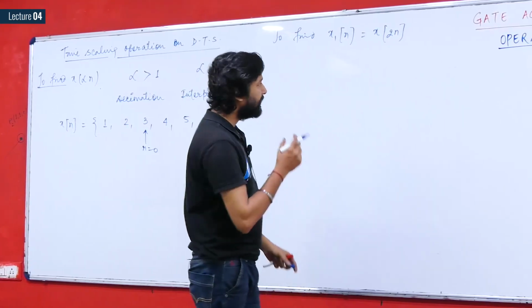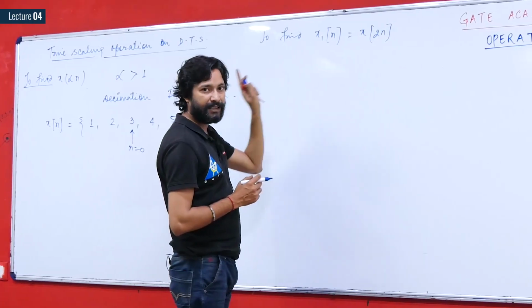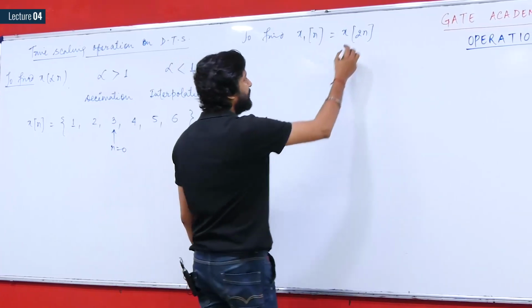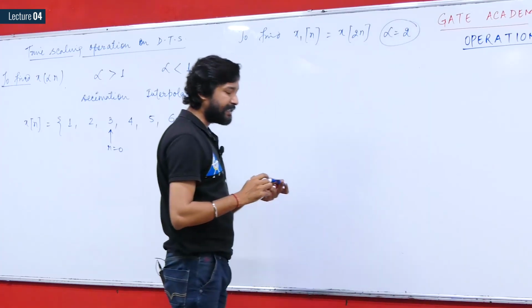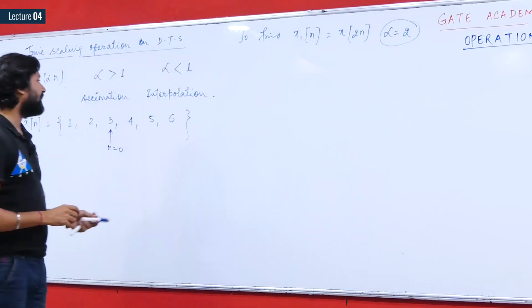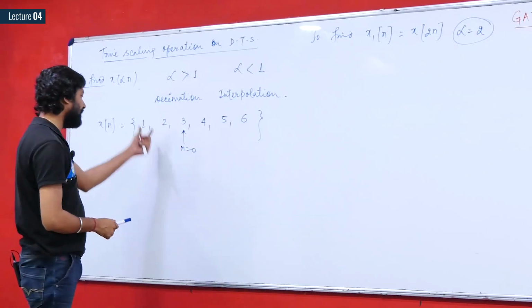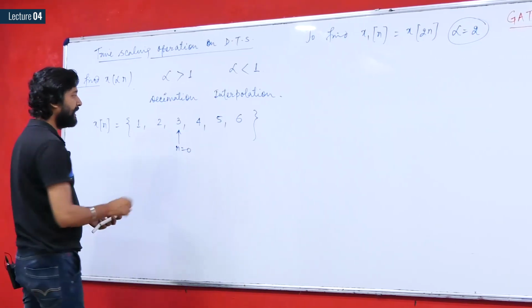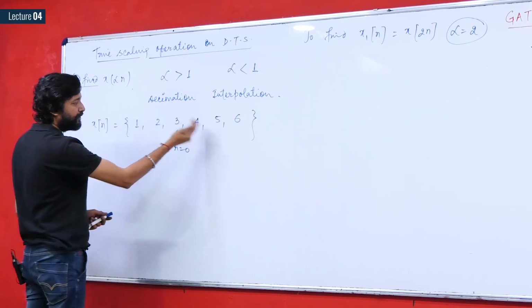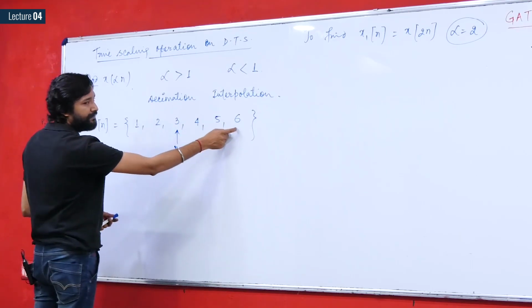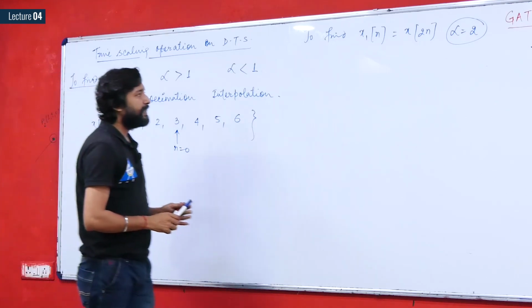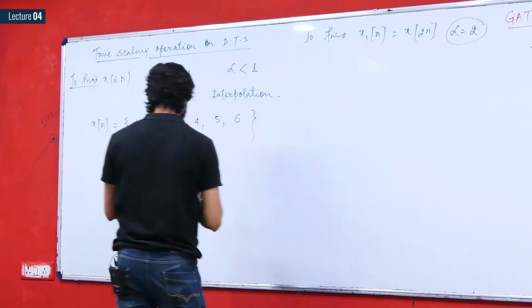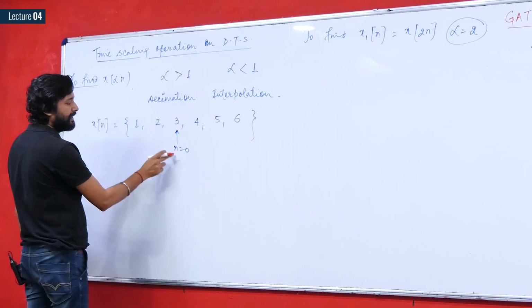We want to time scale this discrete time signal x of n by the scaling factor alpha, which we are taking as 2, and we have to plot the signal. If you want to plot the signal x of n graphically, take 2 axes, at the origin make the value 3, after the origin take values 4, 5 and 6, and before the origin the values will be 2 and 1.